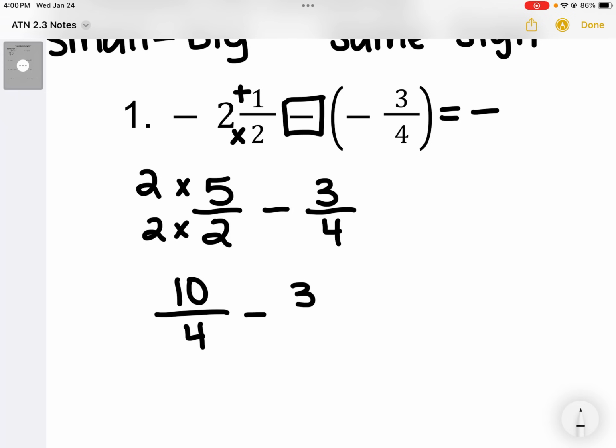Because 3/4 needed nothing changed about it, I'm just going to simply bring it down. 10/4 minus 3/4 gives me 7/4. I can put this up into my answer, so my answer would be negative 7/4.